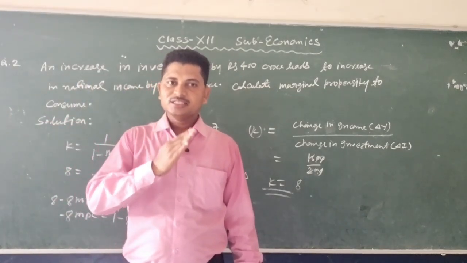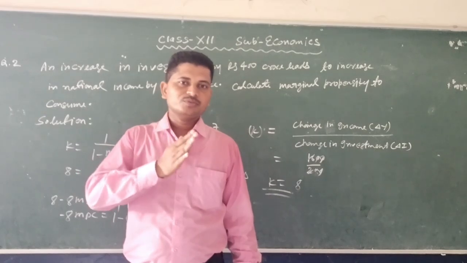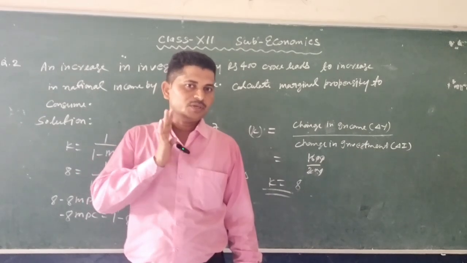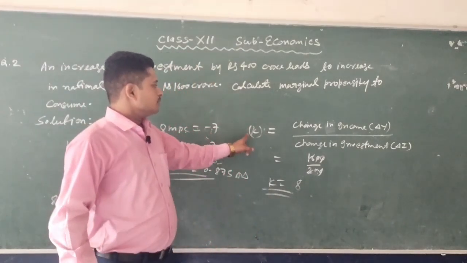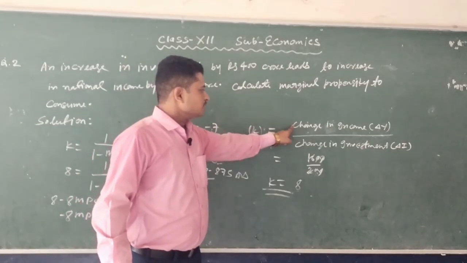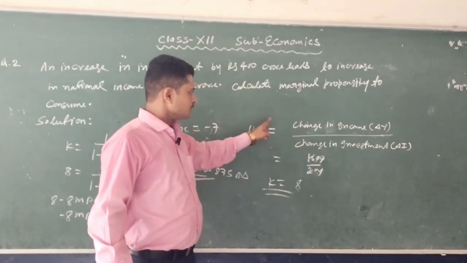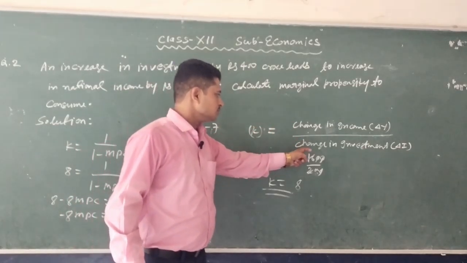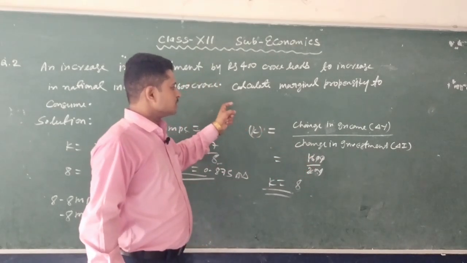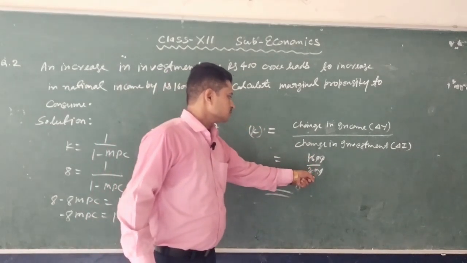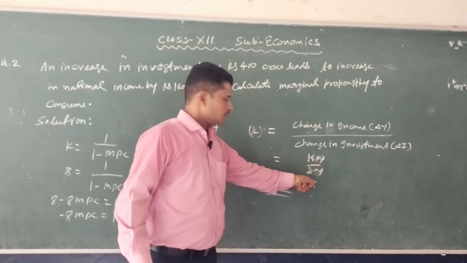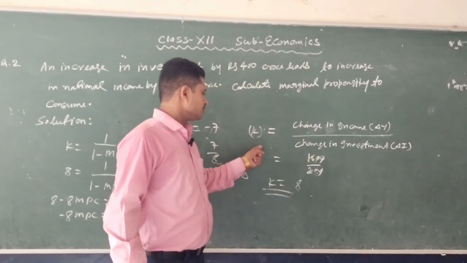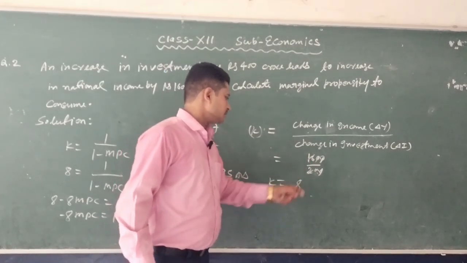Investment multiplier is defined as the ratio of change in income and change in investment. So investment multiplier equals change in income upon change in investment. The change in income is 1600 and the change in investment is 200. After that, we get the value of investment multiplier as 8.